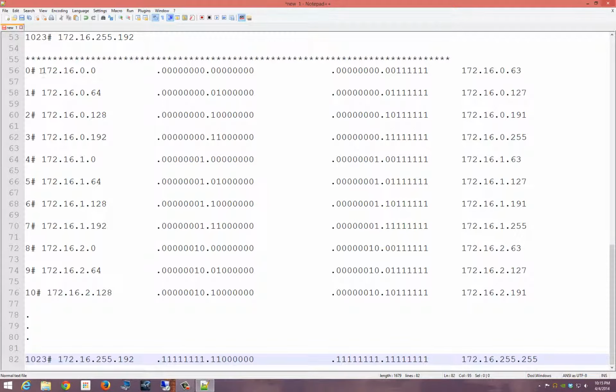So here is my subnet address and my broadcast address for each subnet.